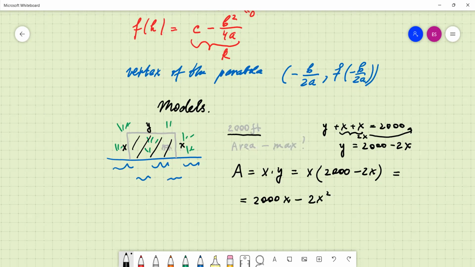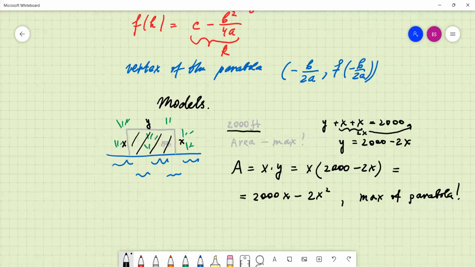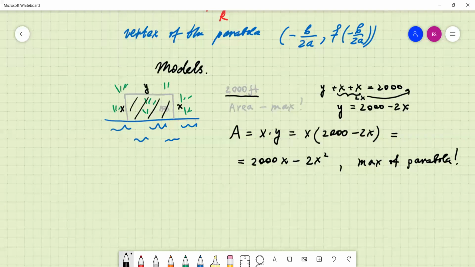And this is a parabola. And they are asking what x is going to give you the maximum area. So we'll need to find the maximum of this parabola. Well, how do we do this? We'll need to find the vertex. Vertex h equals, and still remember the formula, right?